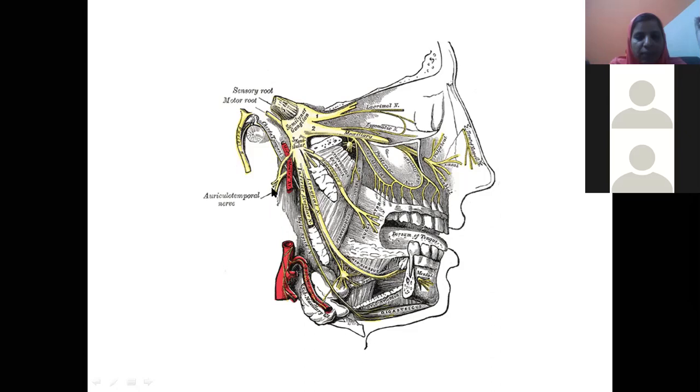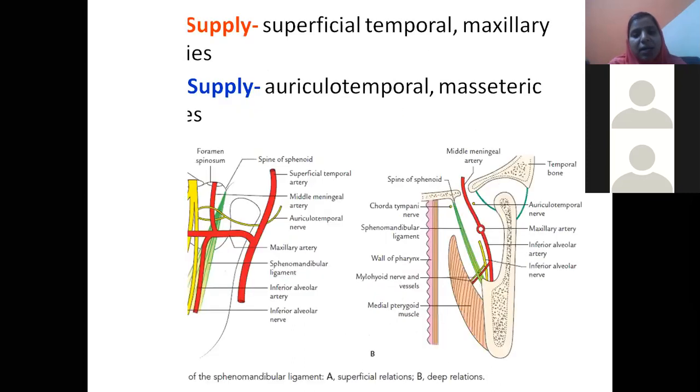For the posterior division, I gave you one code, ALI: auriculotemporal, lingual, and inferior alveolar. Anterior division gives branches to muscles of mastication and buccal nerve. From the main trunk, you have directly medial pterygoid. Then from the anterior division, branches to lateral pterygoid, masseter, temporalis and buccal nerve. Isn't it better? If you revise like this, you will remember more. This is again a Gray's anatomy picture, but the picture given in Vishram Singh is easy to memorize and easy to draw.